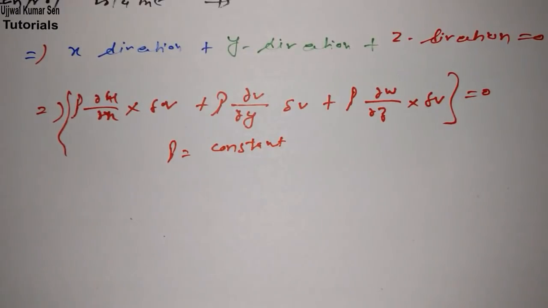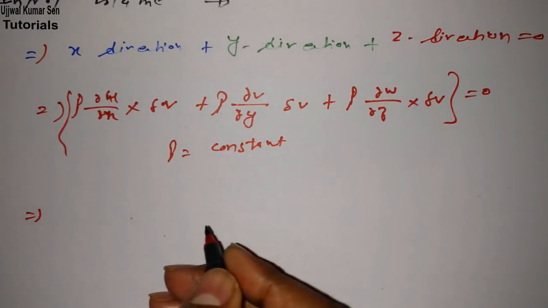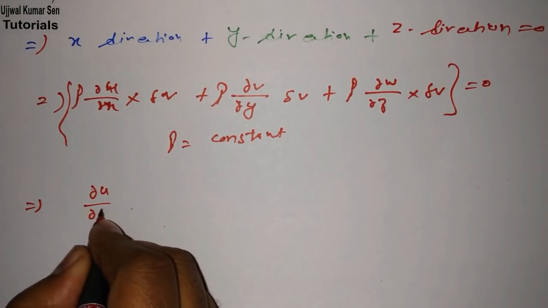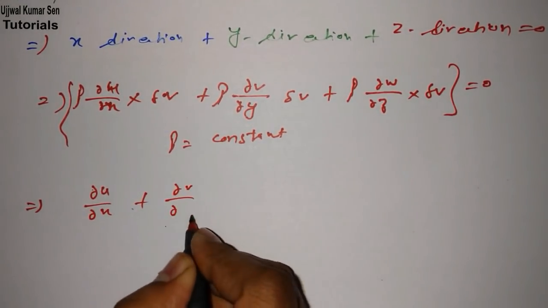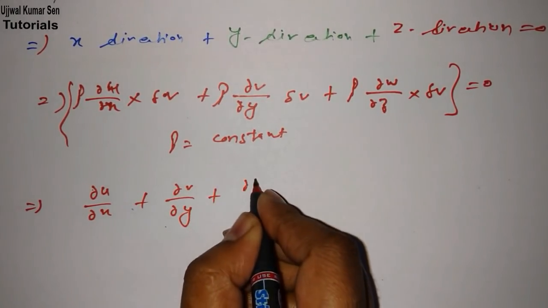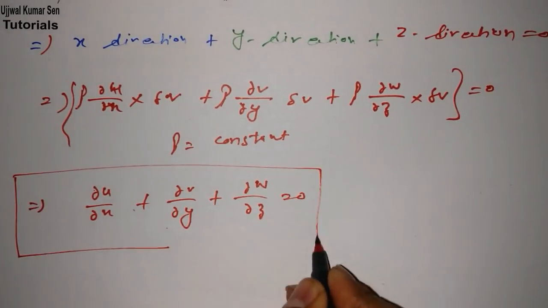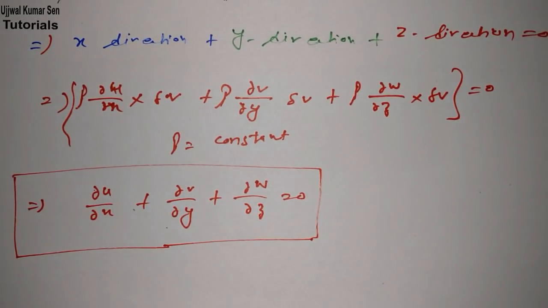Remember that in the case of an incompressible fluid, rho is constant. So further we can write this equation as curly u by curly x plus curly v by curly y plus curly w by curly z is equal to 0, and this equation is known as the continuity equation for Cartesian coordinates.